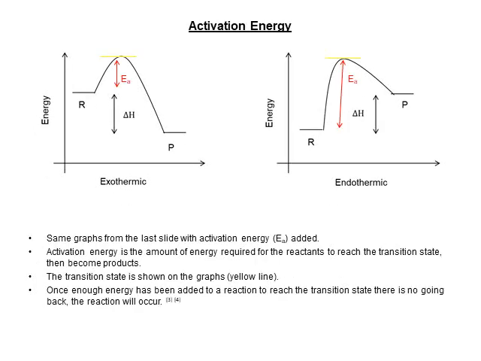Added to this now, there are the same graphs as the last slide, but I've added activation energy, which has the symbol EA. Now, activation energy is the amount of energy the reactants need to get to a transition state. Once they've been given this amount of energy, they can turn to products. The reaction is then considered spontaneous, and it carries through.